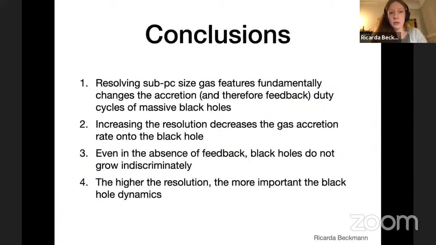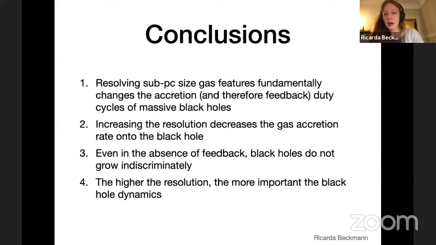So in conclusion, what we took away from this is that resolving subparsec-sized gas features fundamentally changes the accretion and therefore possible later feedback duty cycles of massive black holes. Increasing the resolution decreases the gas accretion rate onto the black hole in general, so more information actually makes it harder to accrete, which makes the challenge of growing the first supermassive black holes even harder than we'd maybe appreciated before.